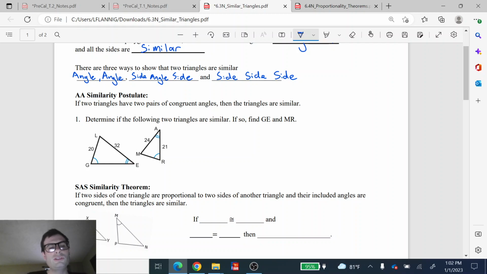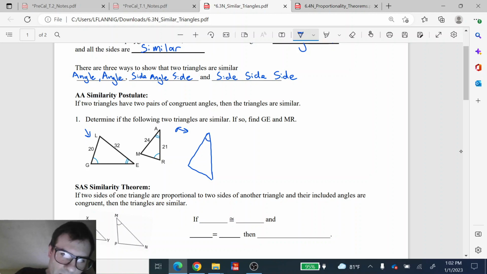What I like to do when I do these problems is kind of resituate these triangles in my head so that way they're facing the exact same direction. So I'm going to try to rewrite this triangle right here so it's in the exact same direction as AMR. So if I rewrote that triangle, and forgive my drawing, it's not fantastic, these 2 triangles are kind of similar in shape as far as how it looks.